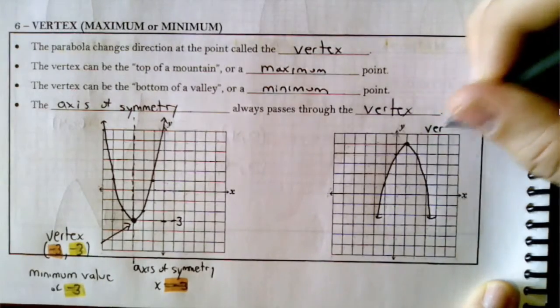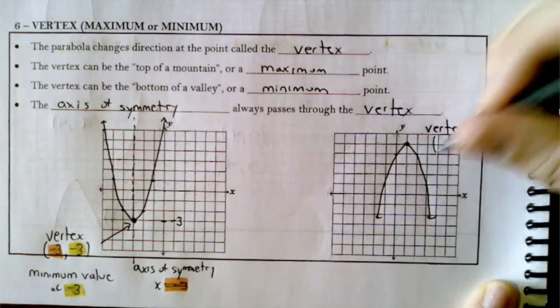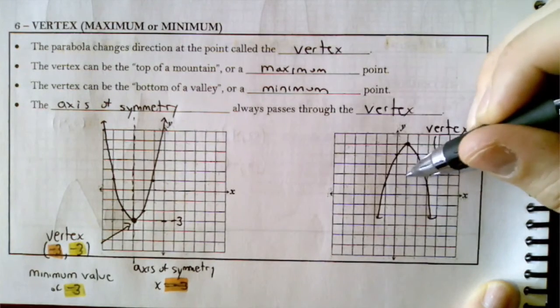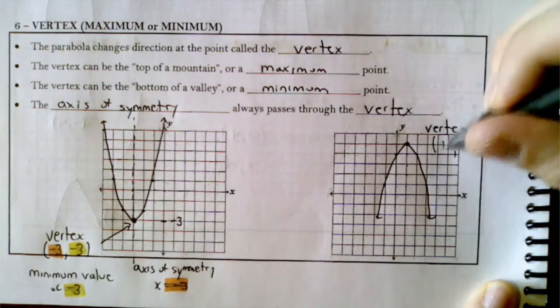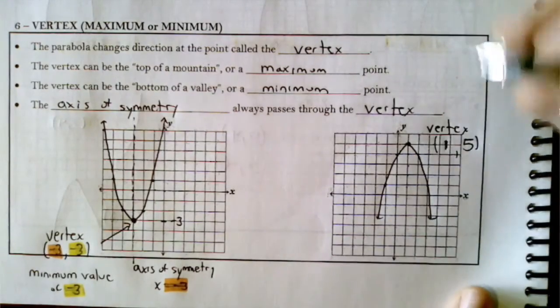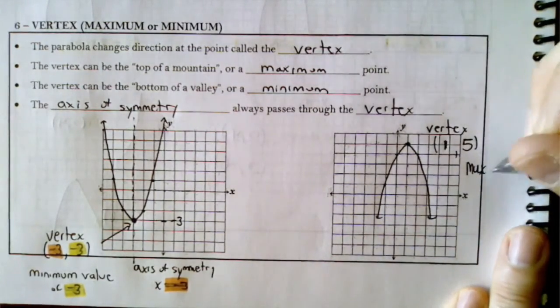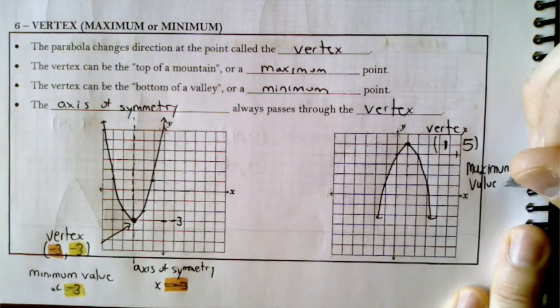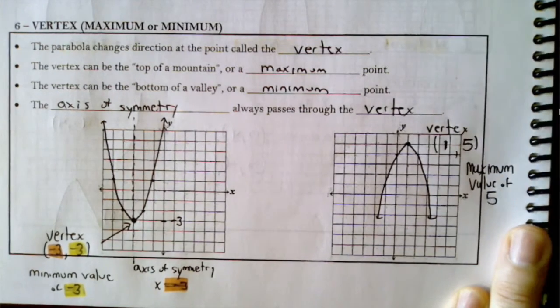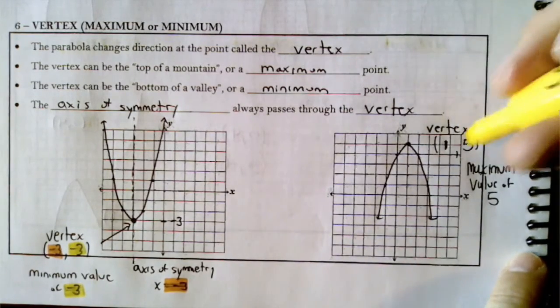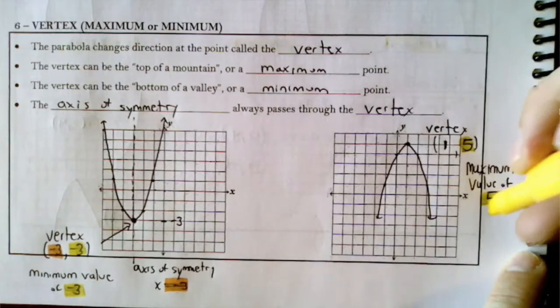This time our vertex is, let's read the coordinates off, over 1, and up 1, 2, 3, 4, 5. Our vertex is 1, 5. So that means we have a maximum value this time. And that's because the second number of the vertex is 5.